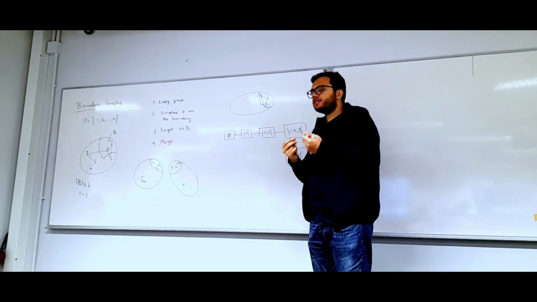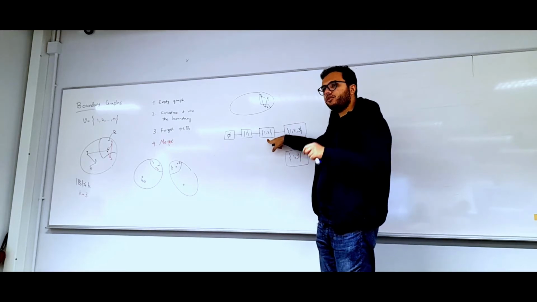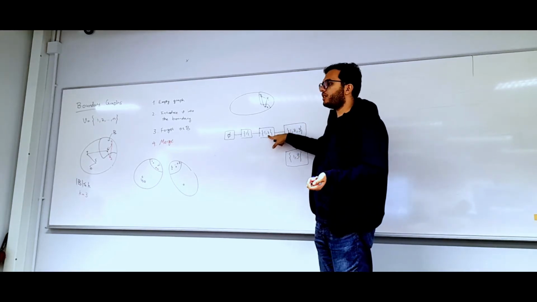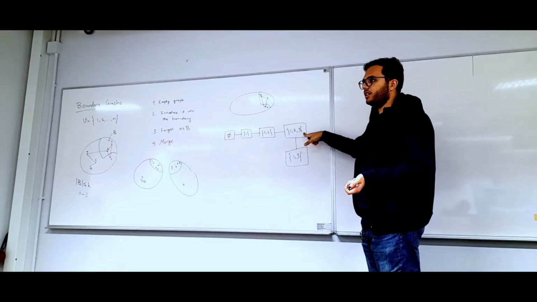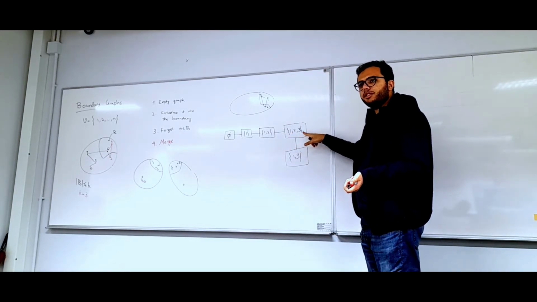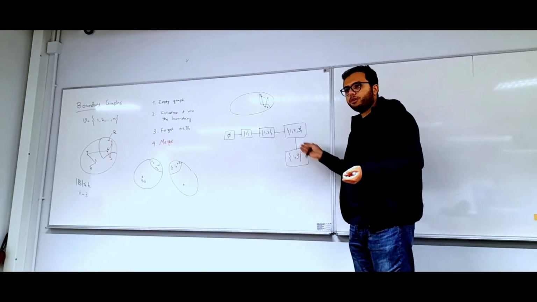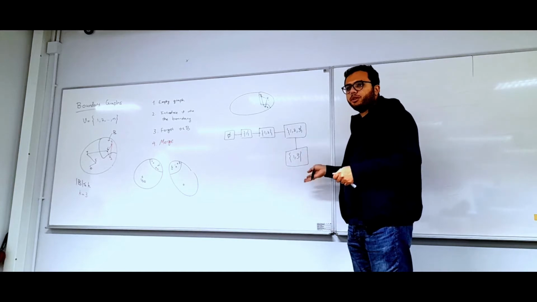But the vertices in my boundary were in the last bag that I had. So whenever I'm adding vertex 3, it can only be connected to 1 and 2. But I'm now adding a bag that contains 1, 2, and 3. So this shows that every vertex in my graph is covered by my decomposition, and also every edge in my graph is covered by my decomposition.